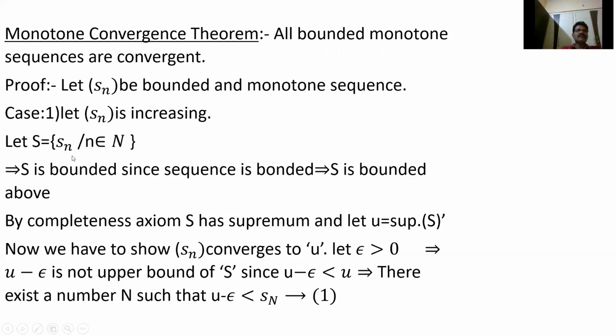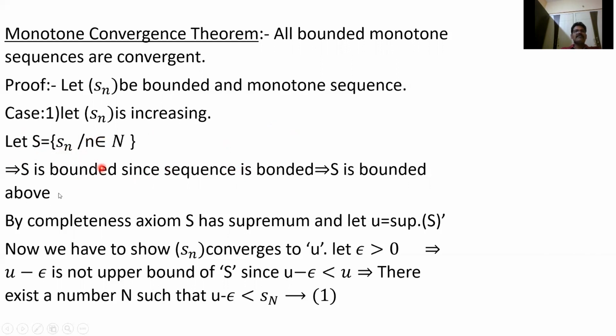Let capital S equal the set of Sn, n belonging to N. That means S is the set S1, S2, S3, S4 and so on. In other words, capital S is the range of the sequence Sn.